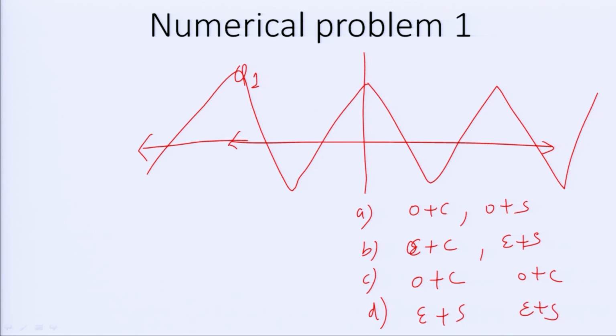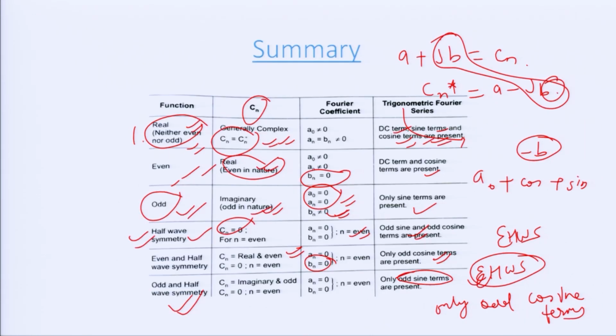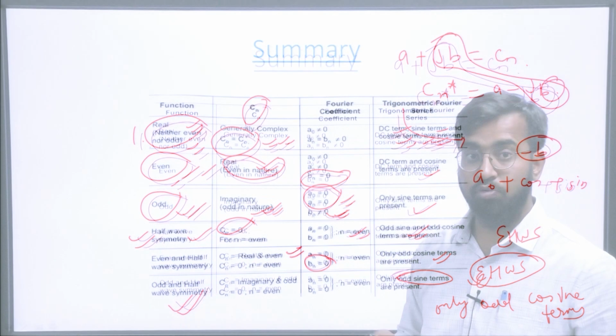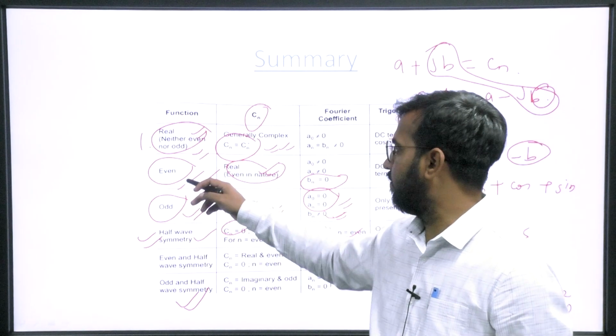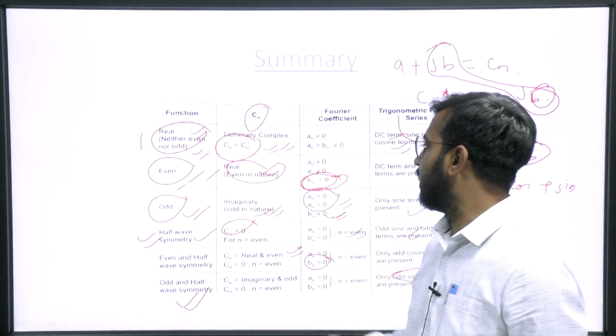Basically, we have to look at what property this signal possesses. By seeing this, the signal is symmetric about the origin, which means it is an even function. If you remember the summary, if any signal has the nature of an even function, we can say Bn is equal to 0.